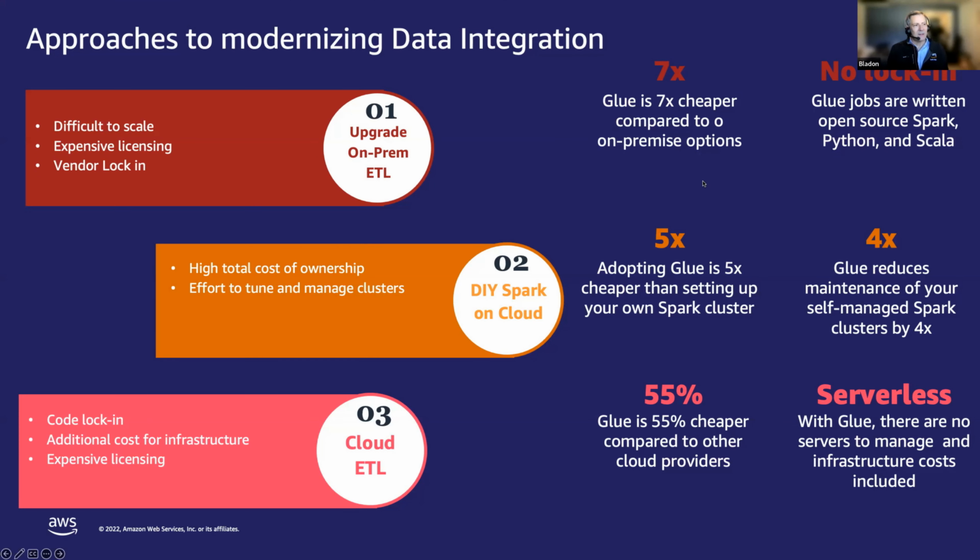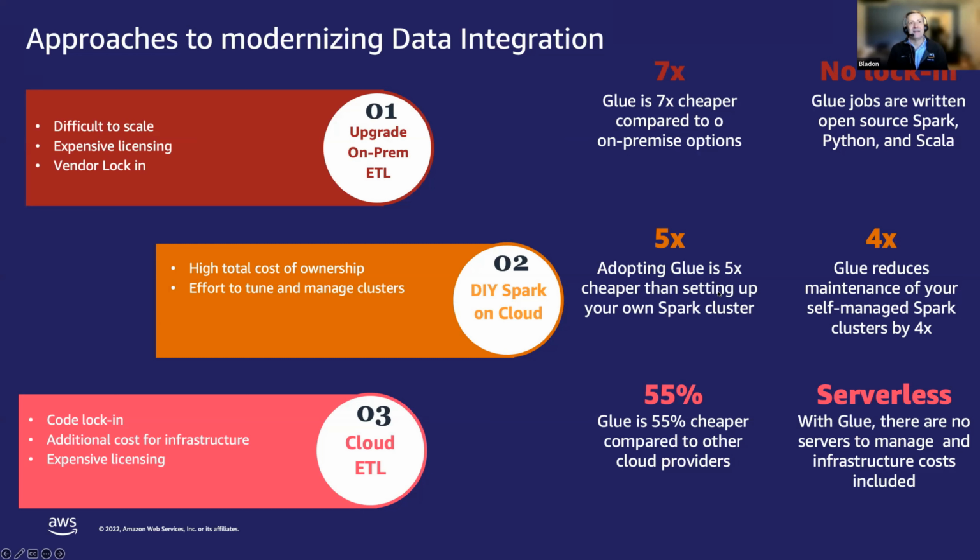So Glue is, just to hit on some of the features here, way cheaper. They're saying 7 times cheaper compared to on-prem options. No code or licensing or vendor lock-in here. They're saying 5 times cheaper than setting up your own Spark cluster. And if you've ever tried that, setting up Spark clusters is a little bit difficult to do.